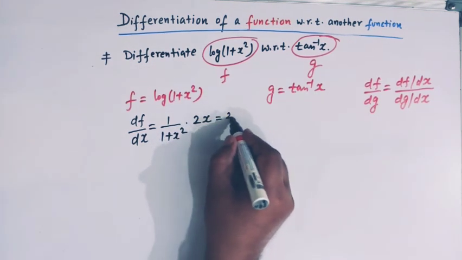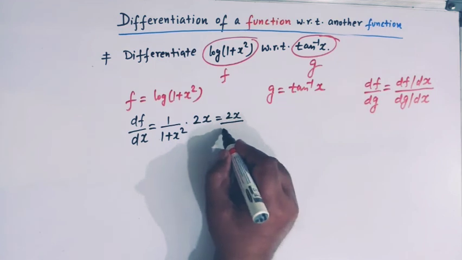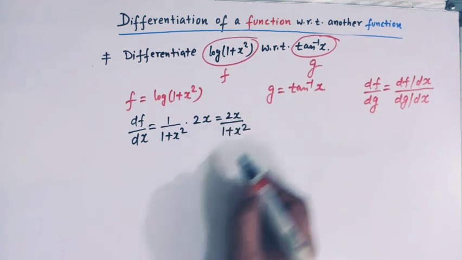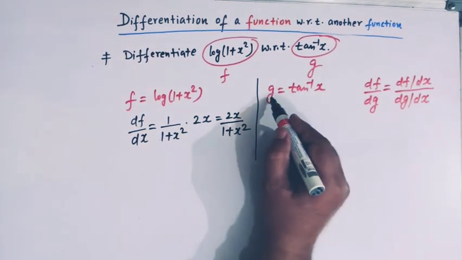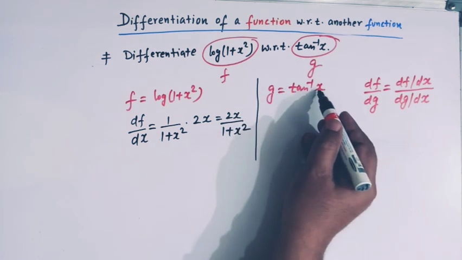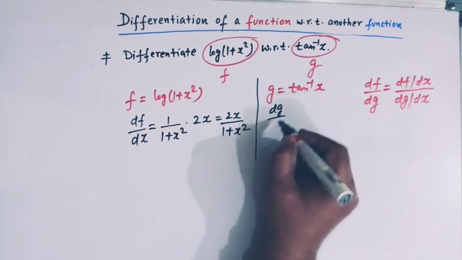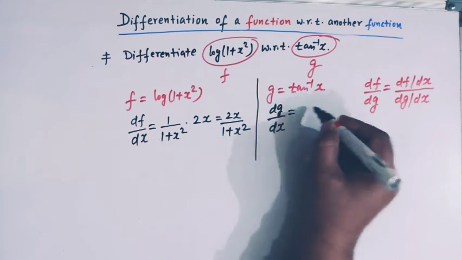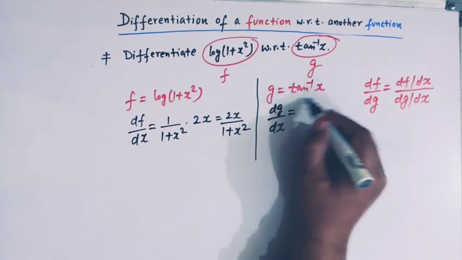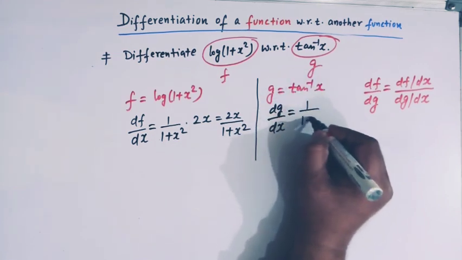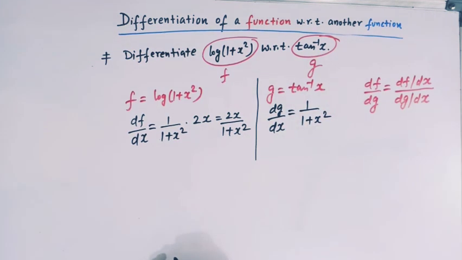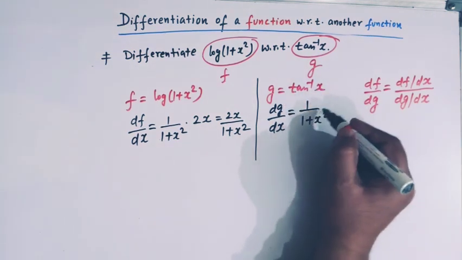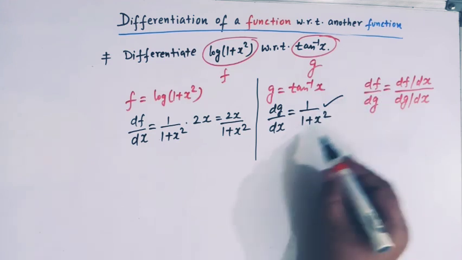So this is 2x divided by 1 plus x square, and here we have g is equal to tan inverse x. So dg over dx is equal to the derivative of tan inverse x, which is 1 over 1 plus x square, right? So here we have the direct result.